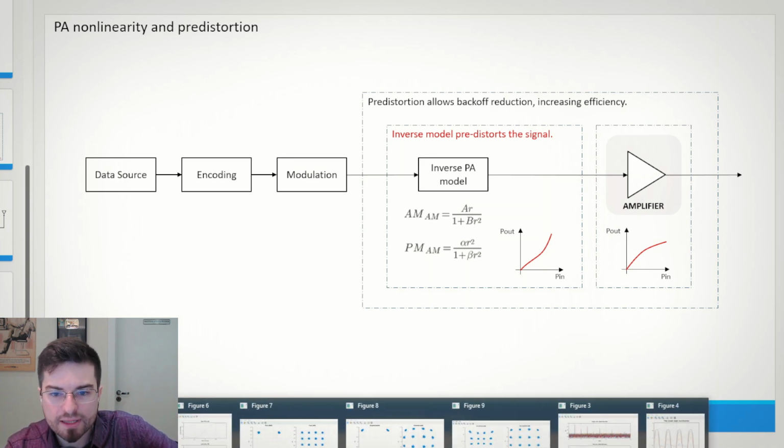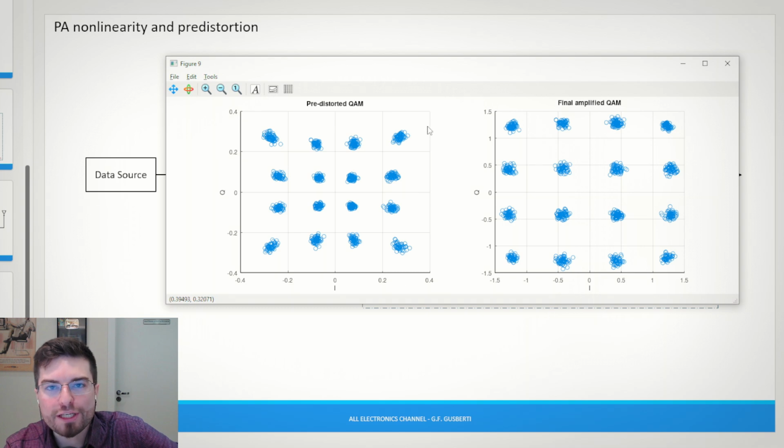And we can see it happen here. This is the output of the inverse model of the amplifier. So we are predistorting the constellation, and when we apply this predistorted constellation to the amplifier, which amplifies the signal, you can see that the signal level here is higher, and we counteract the effect of the nonlinearity.